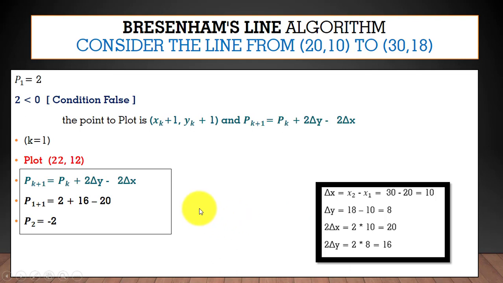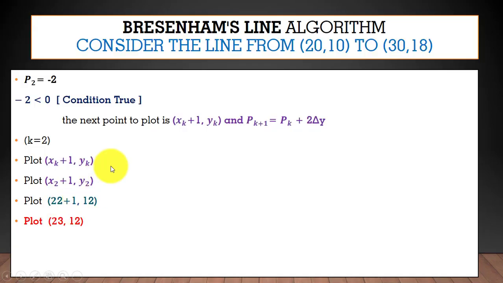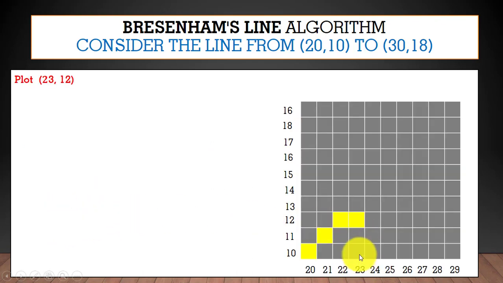Now we will calculate the value of the decision parameter and after calculation you will get the value of p2 is minus 2. Again check the condition. Here the condition is true, minus 2 is less than 0, so calculate the next point using this equation and you get the next point is 23, 12. Plot the point here, 23 on x and 12 on y.